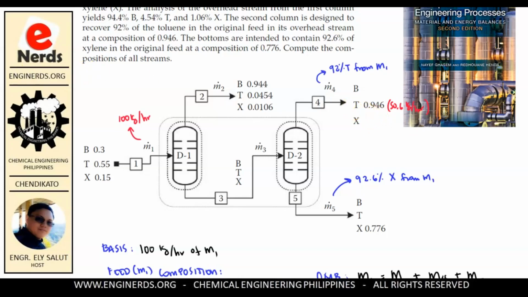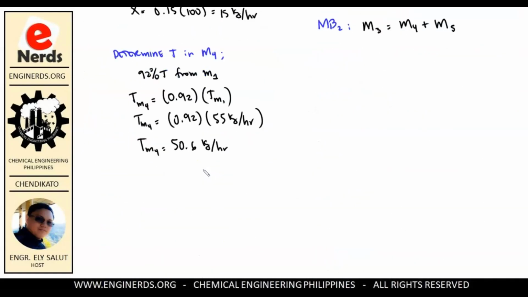Now, we know that in our M4, toluene is 94.6%. Okay? So, yan ang composition ng toluene dito sa ating M4. Okay? It is written right here. In overhead stream, the composition is 0.946. Okay? So, that means we can determine our M4 stream.